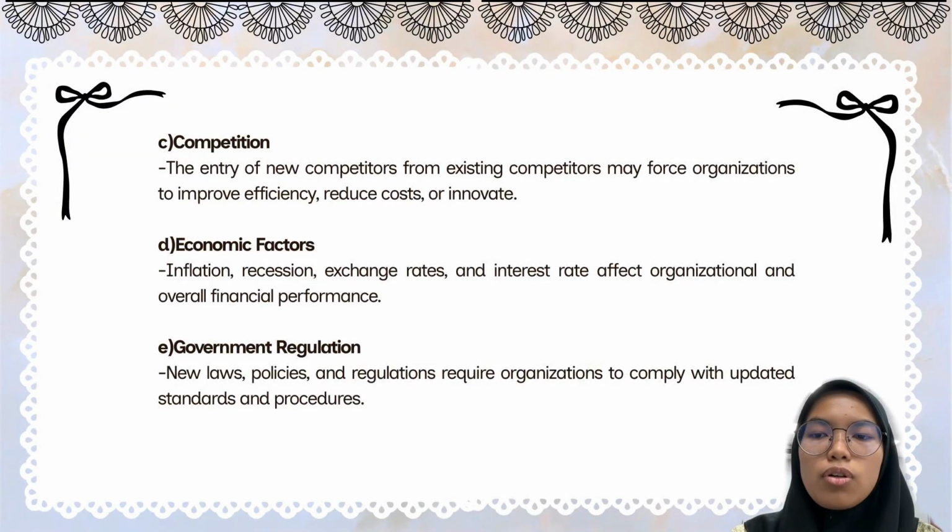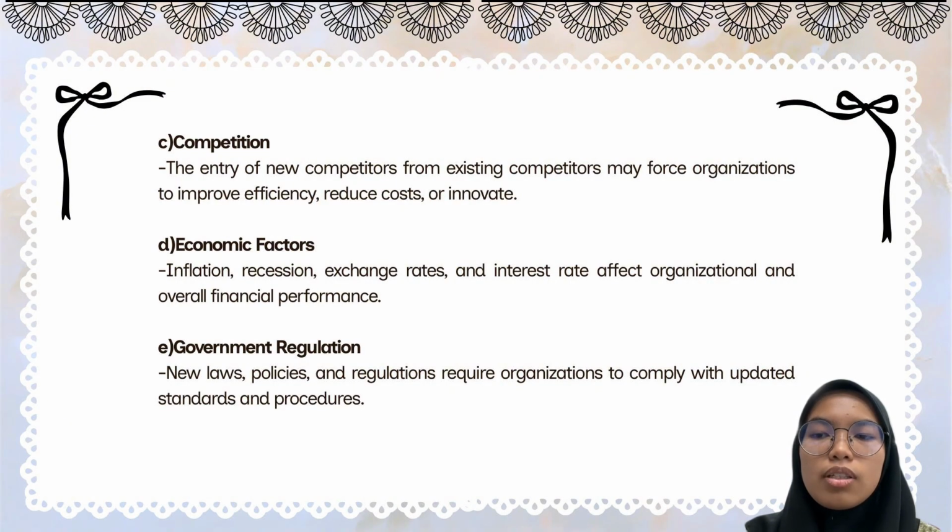And then we go for competition. Competition is the entry of new competitors or existing competitors that may force organizations to improve efficiency, reduce cost, or innovate. And then we go for economic factor.